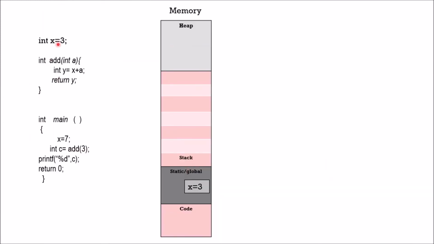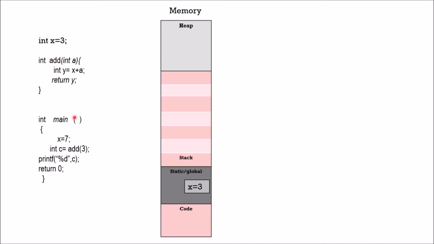First of all, as you can see, since it is a global variable, it will be created in the static global piece of memory block. Okay, then we are going to the main function. Remember that we always start execution at the main function.